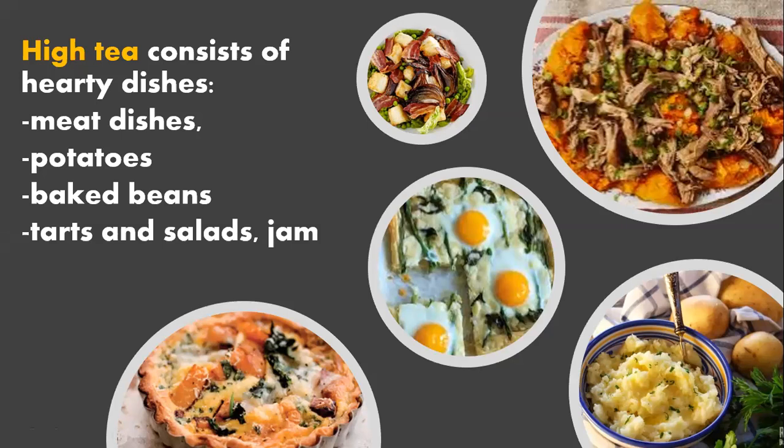So let's imagine that we are all having this high tea together. Which would be your first choice? So let's say that the first one is bacon. So we go like 1, 2, 3, then 4 with the eggs, and the last one is the tart. So I'm curious to read your comments.